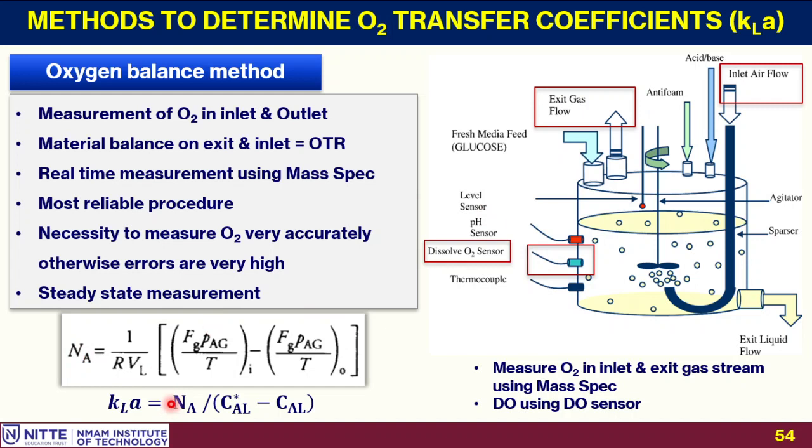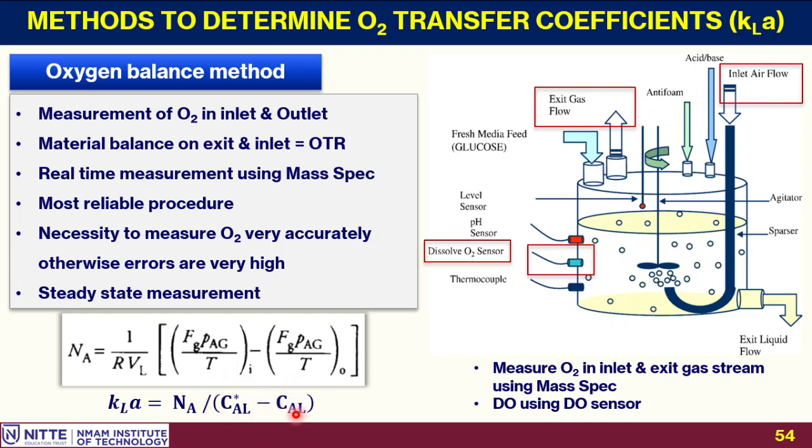Next, we require KLA. When you calculate KLA, two things are there. That is this oxygen uptake rate over here. Even though I wrote Na here, I mean the oxygen transfer rate. So the oxygen transfer rate Na divided by C star minus CAL. C star is the equilibrium concentration, which I can identify from the data handbook.